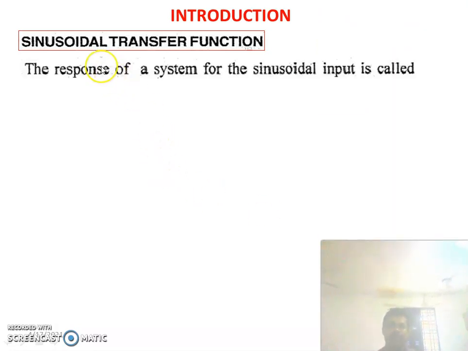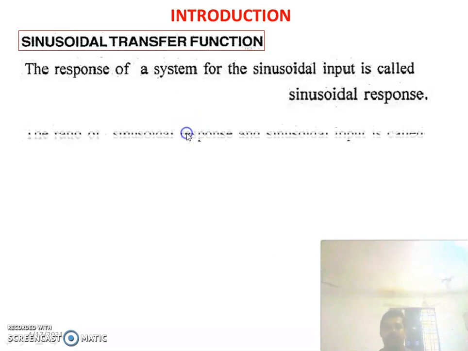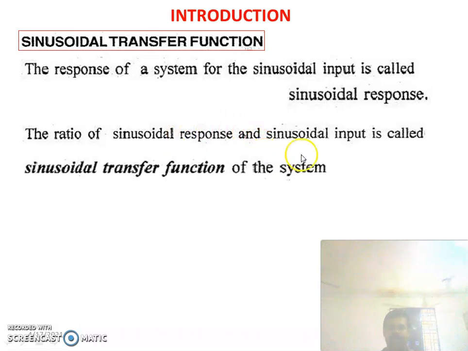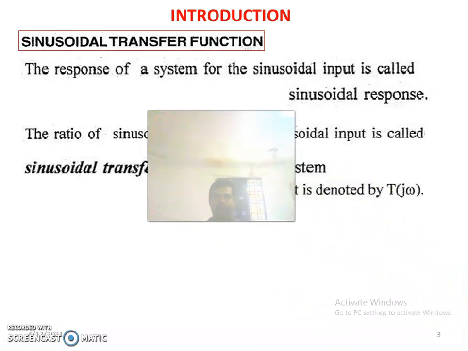First we are going to see what is sinusoidal transfer function. The response of a system for a sinusoidal input is called sinusoidal response. So if you give a sinusoidal input to a system, the output you get is called the sinusoidal response. The ratio of sinusoidal response and the sinusoidal input is called the sinusoidal transfer function of the system, and it is denoted by T of j omega.